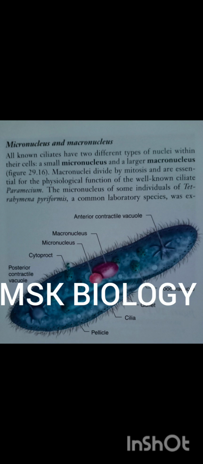Figure 29.16. Macronuclei divide by mitosis and are essential for the physiological function of the well-known ciliate Paramecium. The micronucleus of some individuals of Tetrahymena piriformis, a common laboratory species, was experimentally removed in the 1930s, and their descendants continue to reproduce asexually to this day.